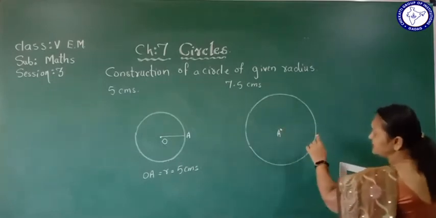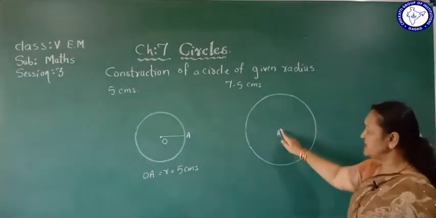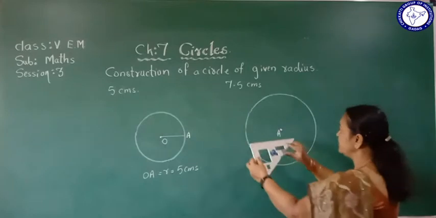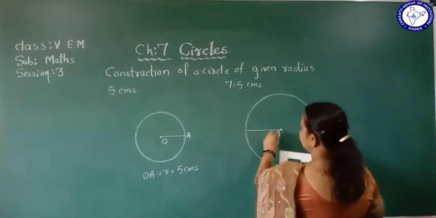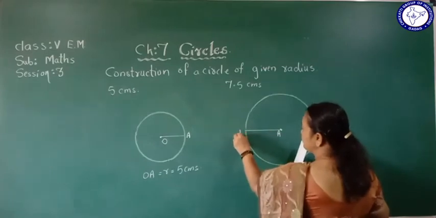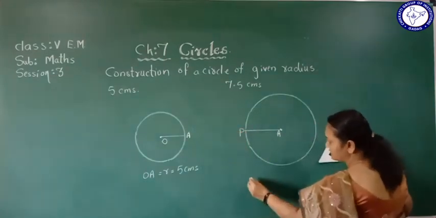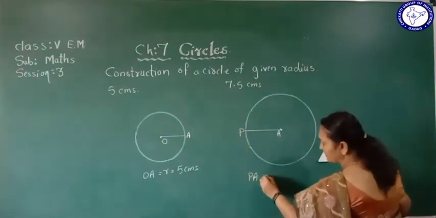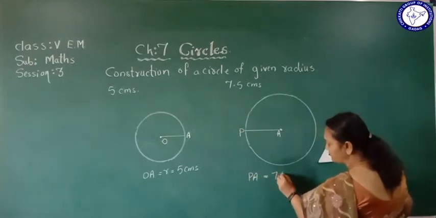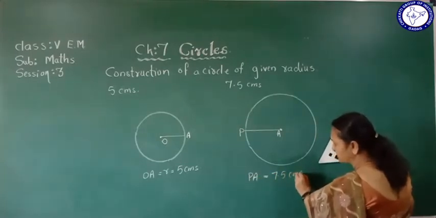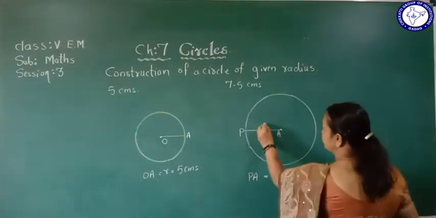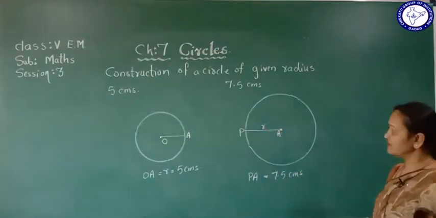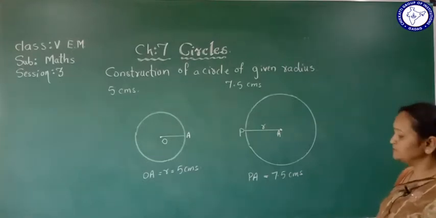Even the radius is not compulsory on this side only, you can draw this side also and name it P, whatever you want. Then PA is 7.5 centimeters. What is PA? It is the radius of the circle. Understood how to construct?